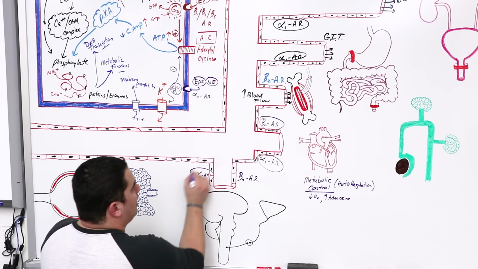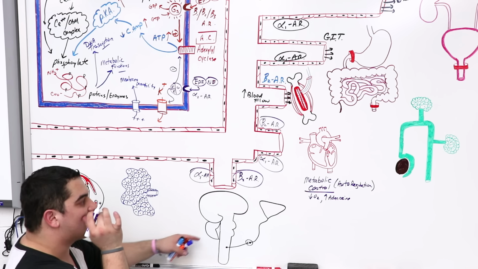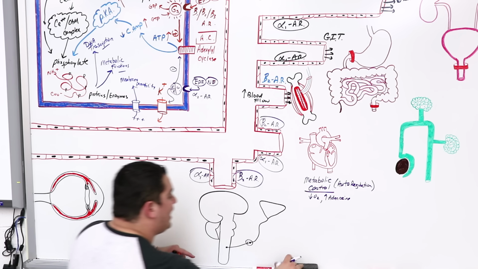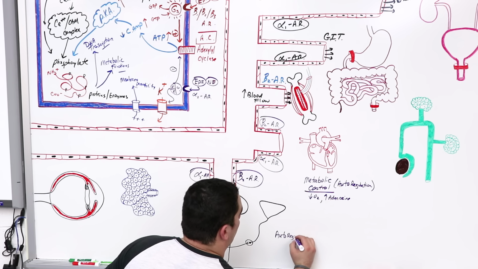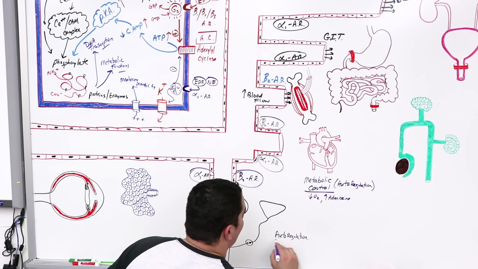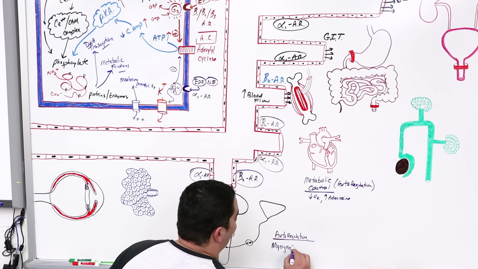And again, if that's the case, then the central nervous system has to have its own regulating system. And again, we call that autoregulation.